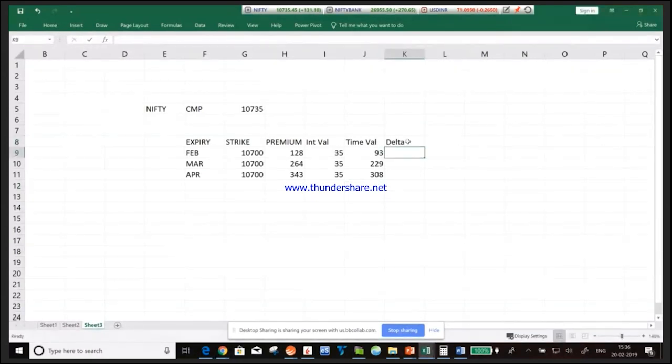Now delta here is approximately the same. So here it is 0.57, and this is 0.54, this is 0.54.